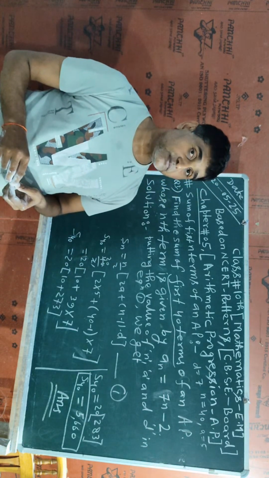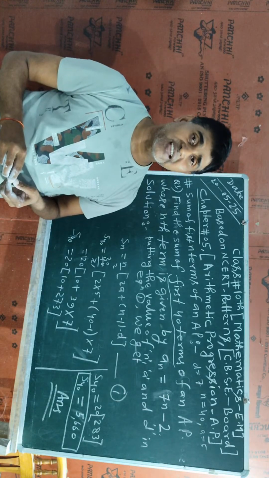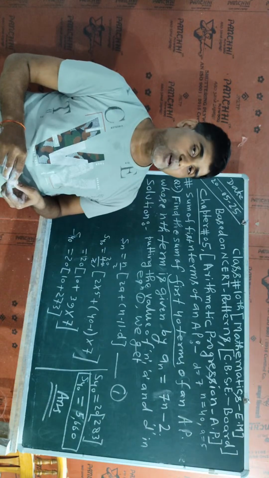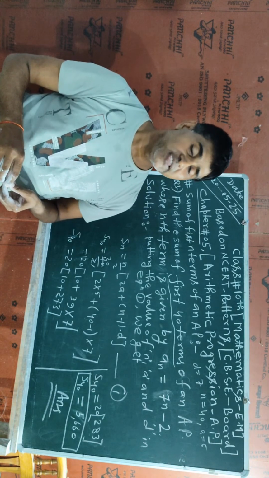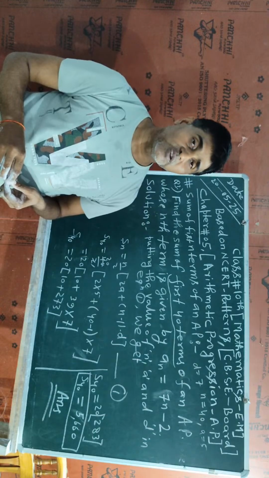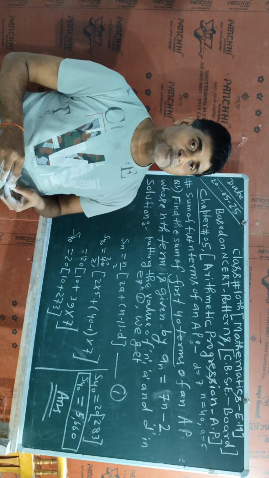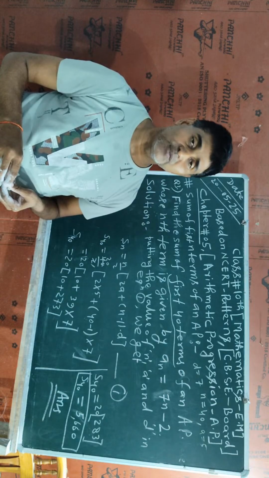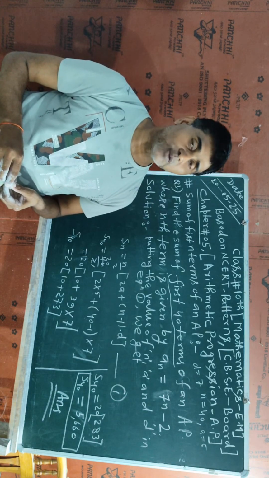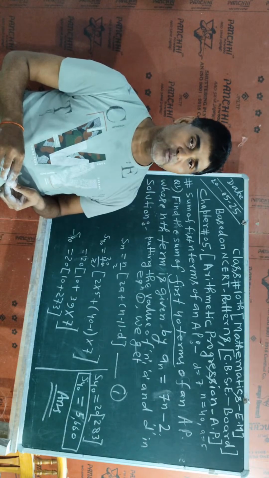And the sum of that arithmetic progression can be written by the formula Sn is equal to n divided by 2 in the bracket 2a plus n minus 1 times d, where n is the number of terms of an arithmetic progression, a is the first term, and d is the common difference, and that common difference is obtained by the formula b minus a.